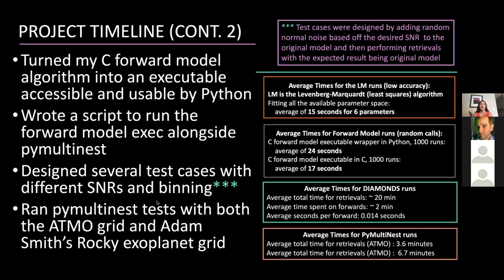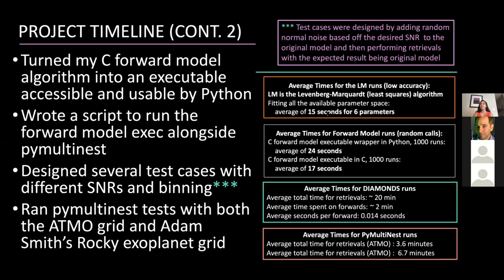Alongside Michael Himes, I designed several test cases with different signal to noise ratios and binnings, and I explain here how I did that. And I ran the PyMultiNest tests with both the ATMO grid by Goyal et al. and Adam Smith's Rocky Exoplanet grid, whose paper is in review right now.